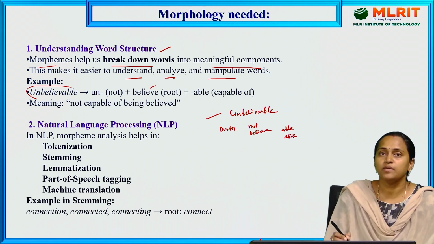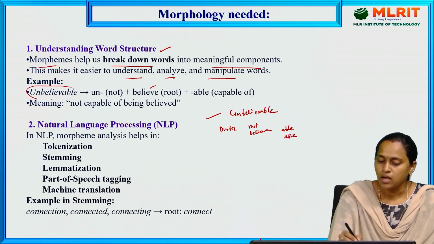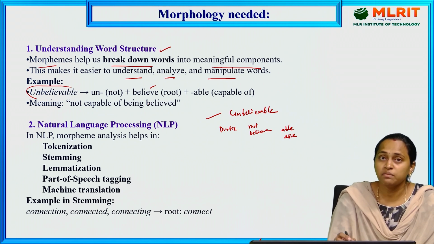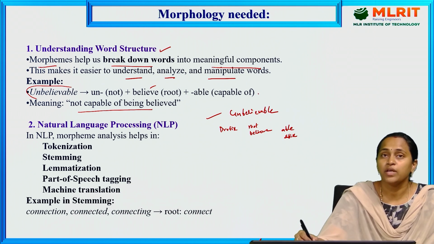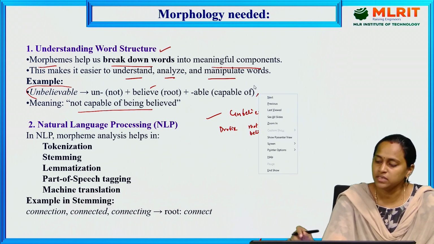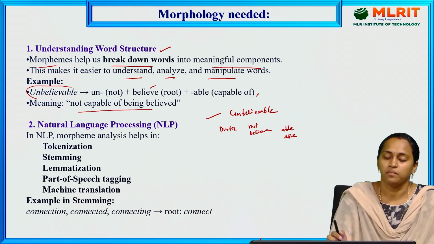This is the example of unbelievable, showing how we understand the word structure. What is the meaning of unbelievable? Not capable of being believed. This is why we use morphology: we understand sentences in a meaningful form.